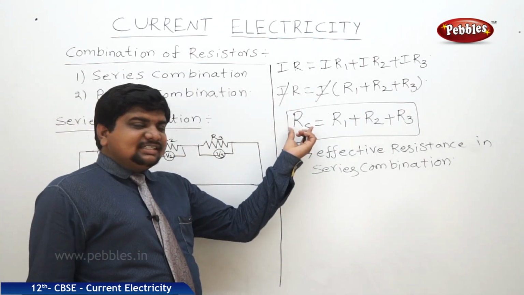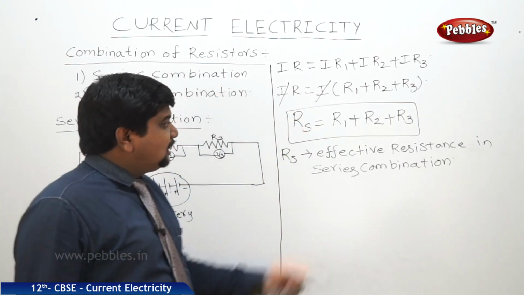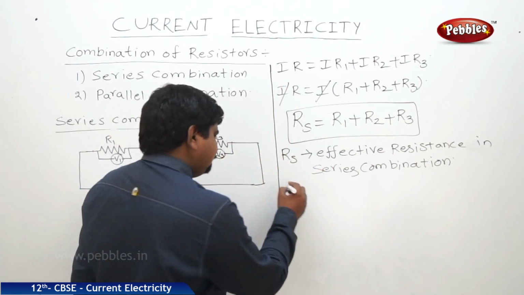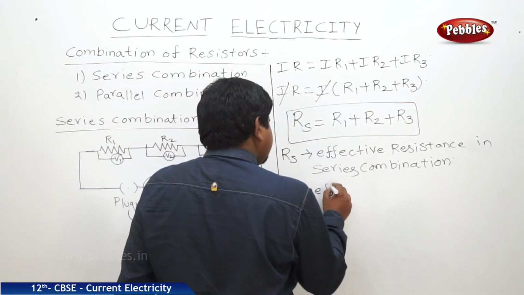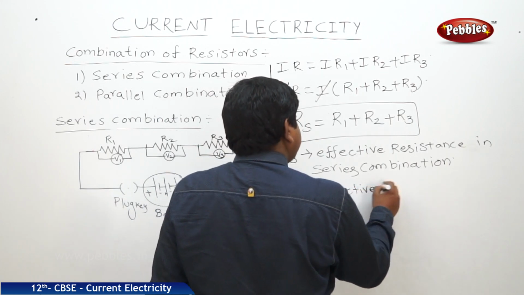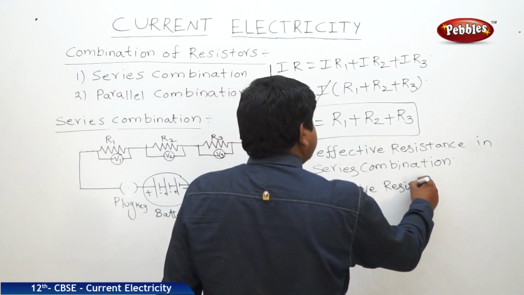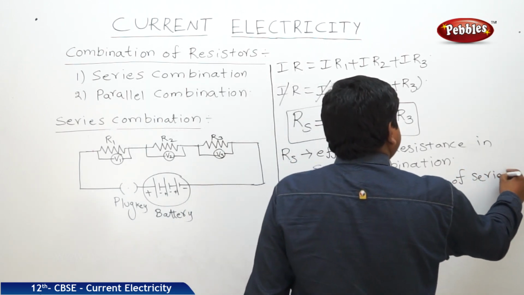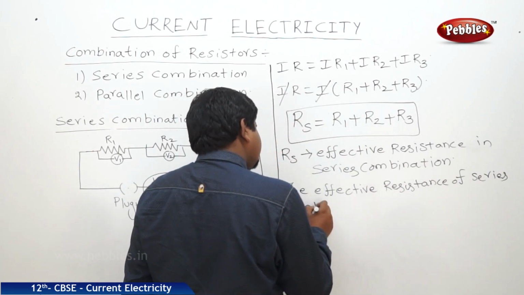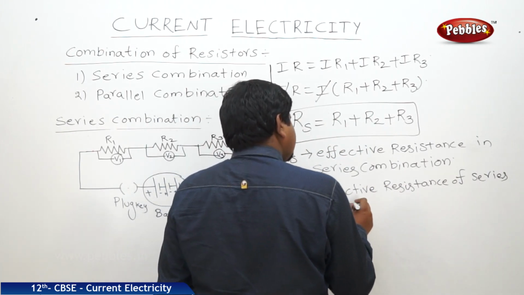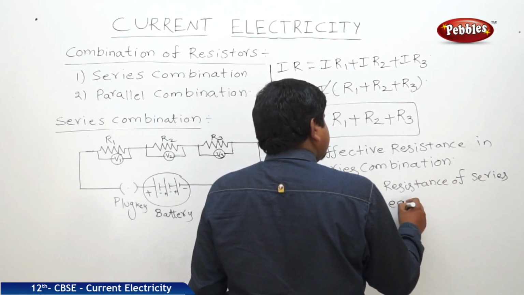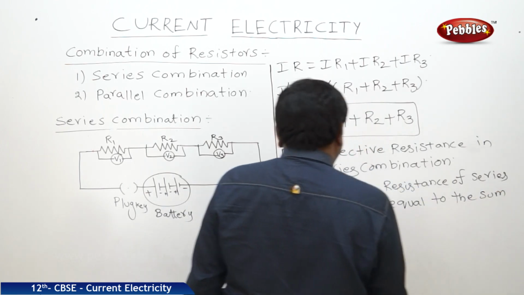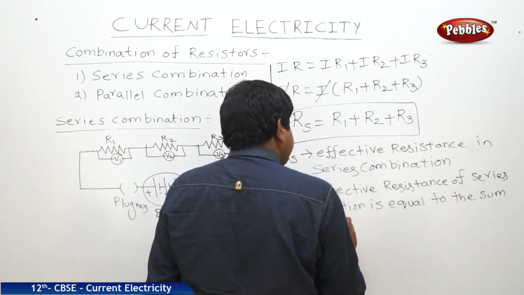The effective resistance in the series combination is equal to the sum of individual resistances.